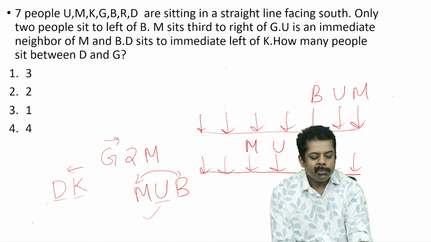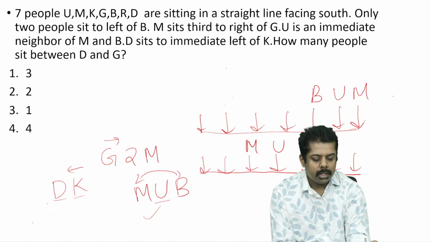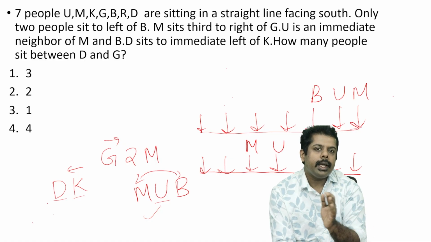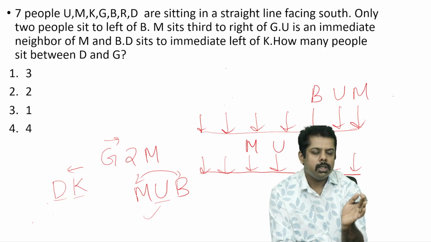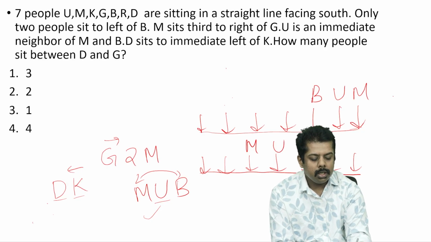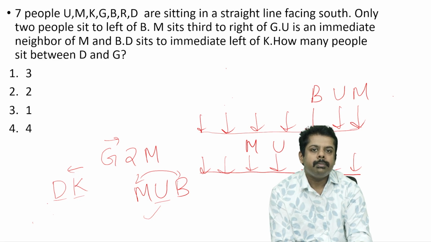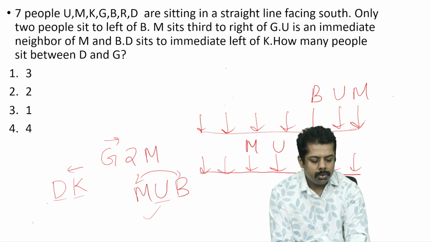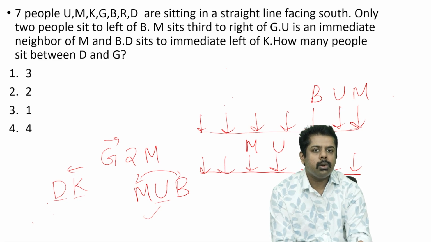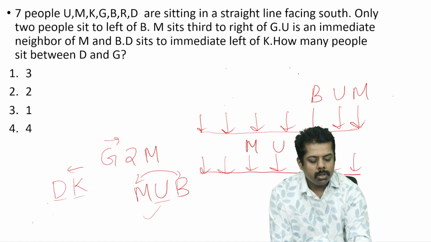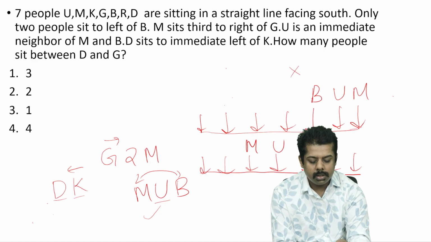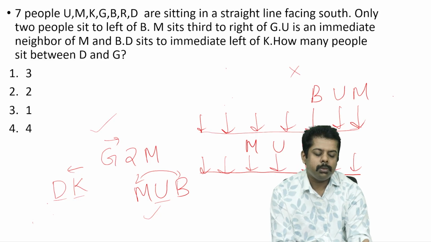No, because as we just saw, the right of G basically means, in this scenario, to the west. So is it possible to fix M here? The first scenario, no, it is not possible to fix G. Basically, this point is not possible in the first scenario.